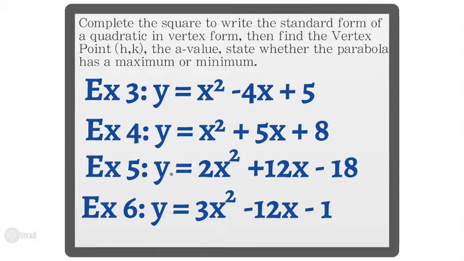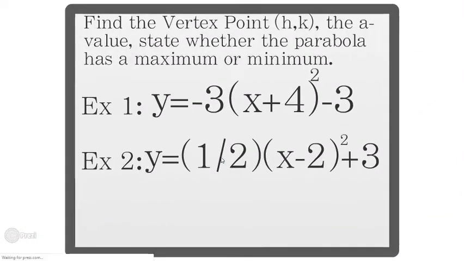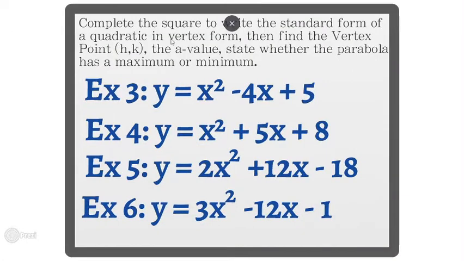So we're going to start in standard form, and then we're going to use the steps to complete the square to rewrite this equation in vertex form, which is really cool. And after we get our equation in vertex form, like we did in examples 1 and 2, you will be identifying the vertex point and the a value, which tells you whether your parabola will have a max or minimum.